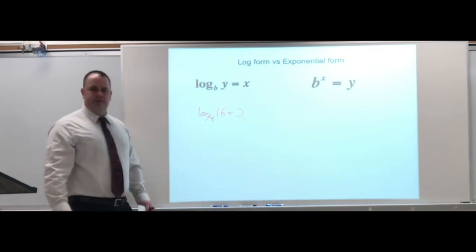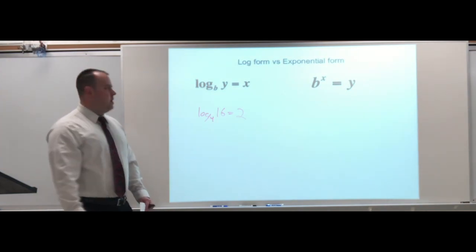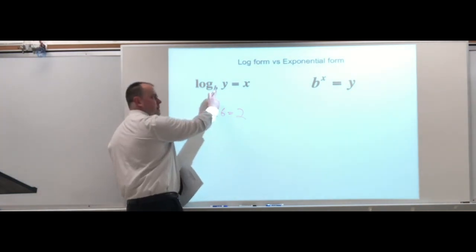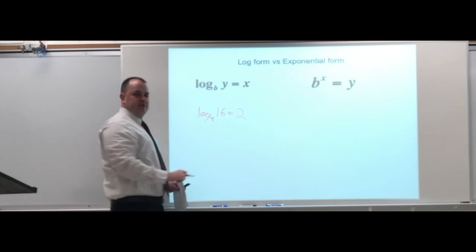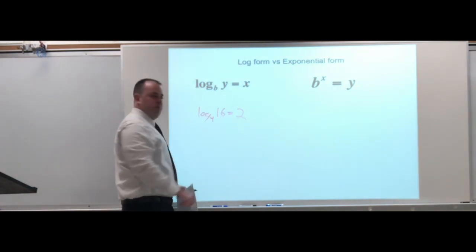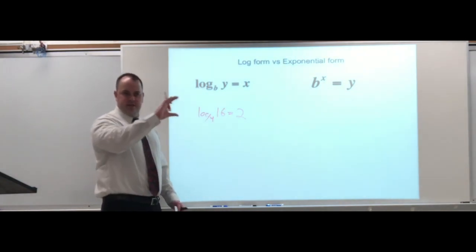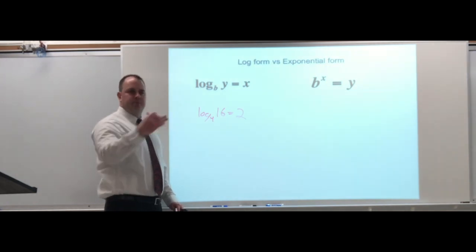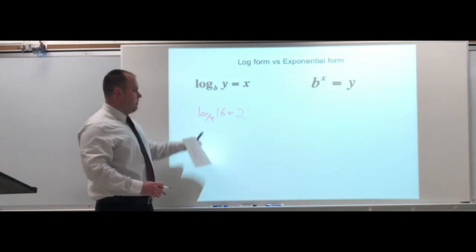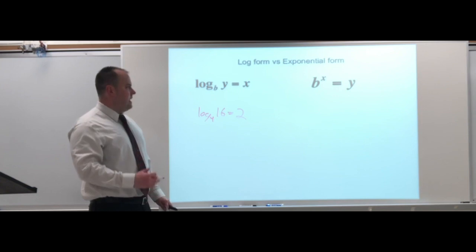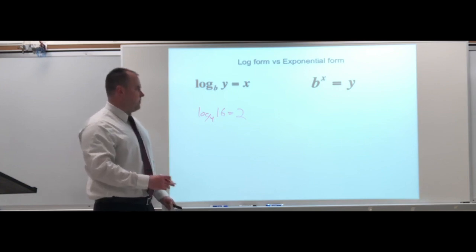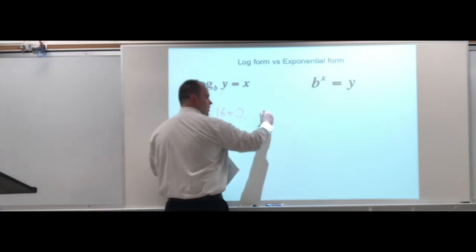Here we have log base 4 of 16 equals 2. Notice the base here is the smaller value, the subscript. The base in the exponent is the normal base. The base is the big number there that's being multiplied multiple times. So if I'm rewriting this function in exponential form, my base is going to stay 4.